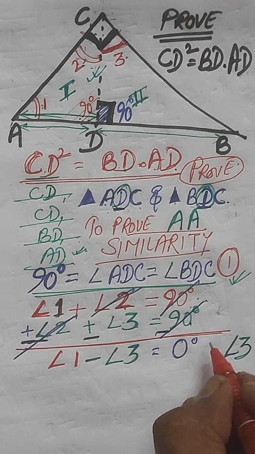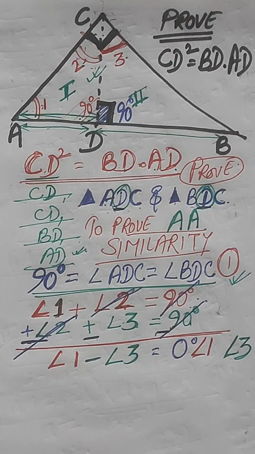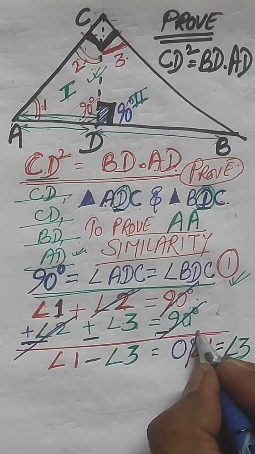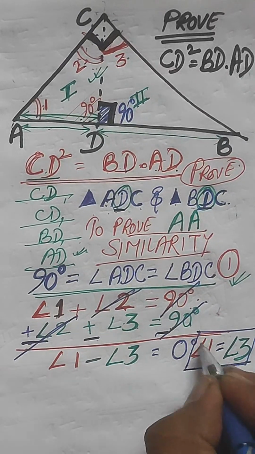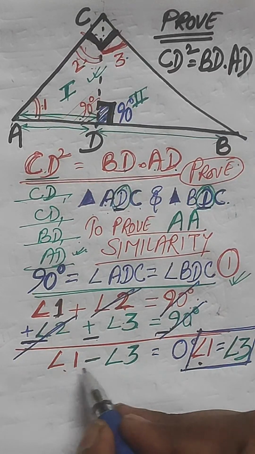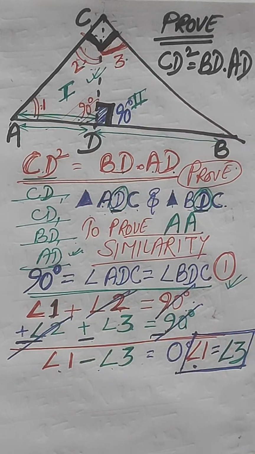This will give you angle 1 is equal to angle 3, right? This can be written because angle 1 minus angle 3 is 0.